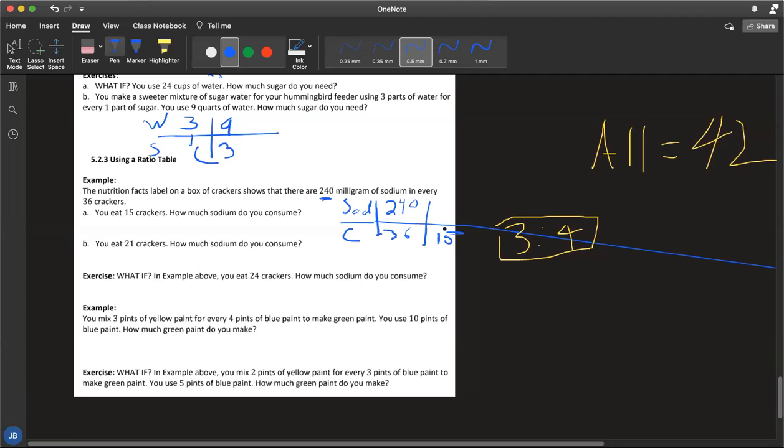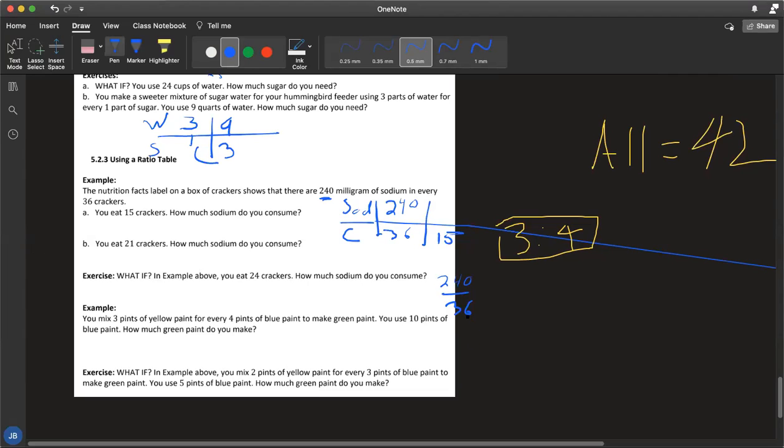So we have to divide 240 by 36. Perfect. 240 divided by 36. And I can't remember. Okay, so it should be 6 2/3.